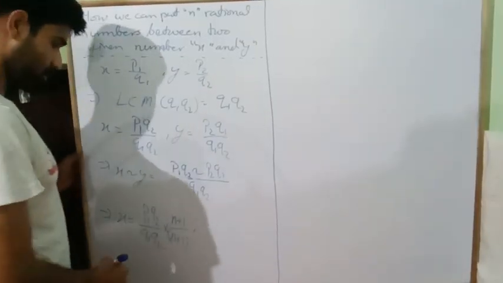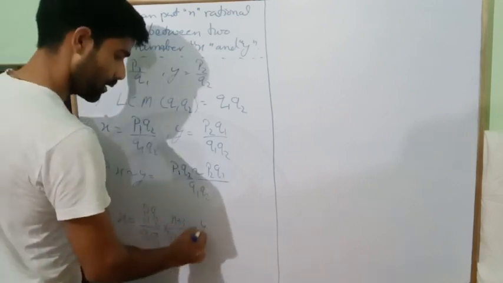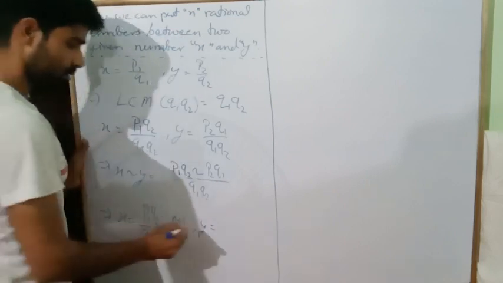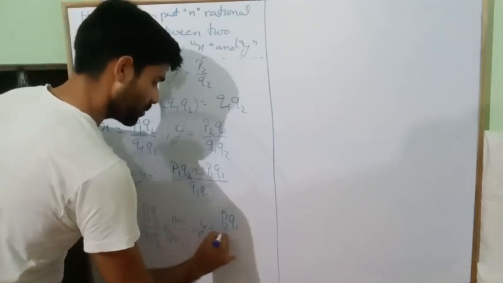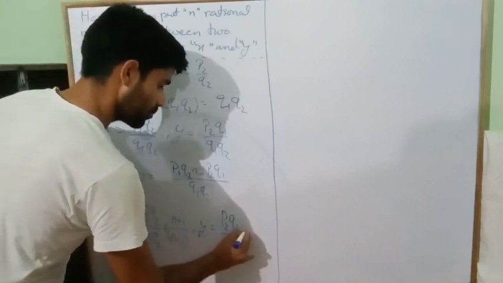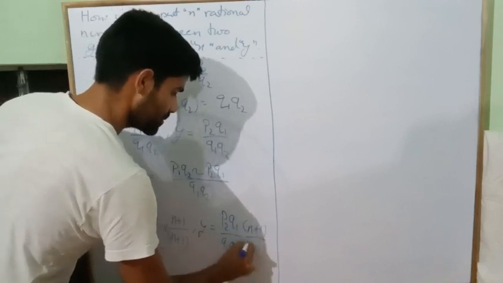Now leave that topic. We write y similarly: y becomes p2 q1 upon q1 q2 into n plus 1 upon n plus 1.